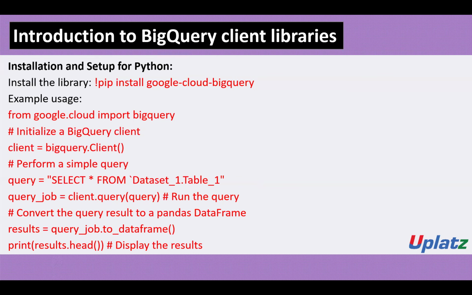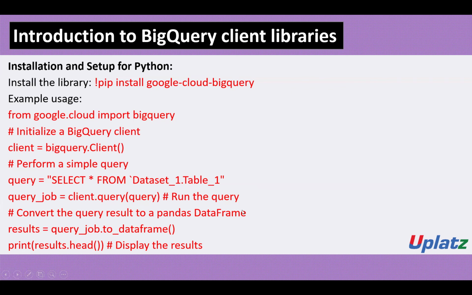Then you write the query you want to perform: SELECT * FROM dataset_1.table_1. Next, the result is nothing but client.query and then the query. It is going to help us run the query. Finally, the result is going to be stored in a query job, and we are converting the query job to a data frame. And finally, we are displaying the result.